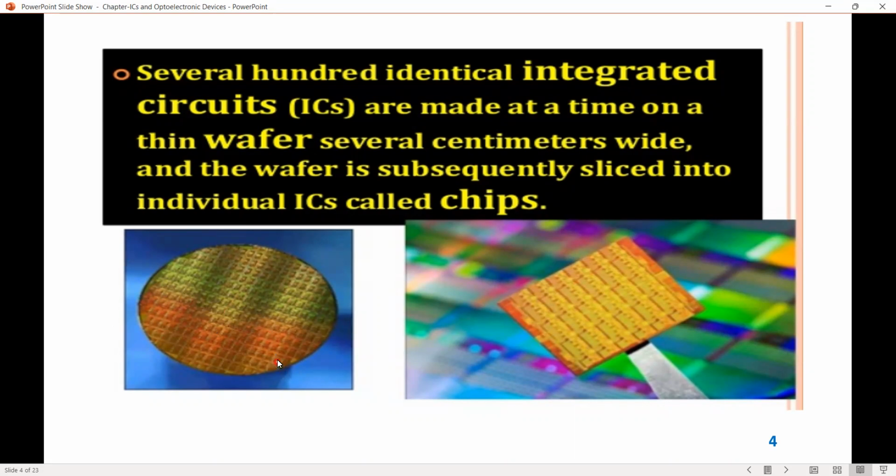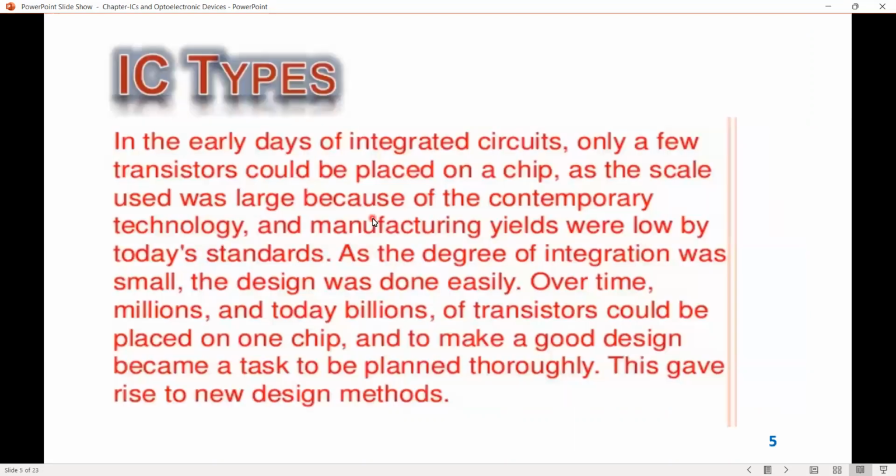If you can just see these dots, they are components here. It could be a circular shape, it could be a square shape, and all like that. So this is something about the ICs.